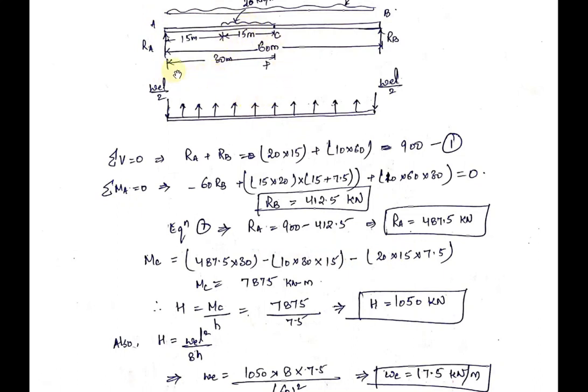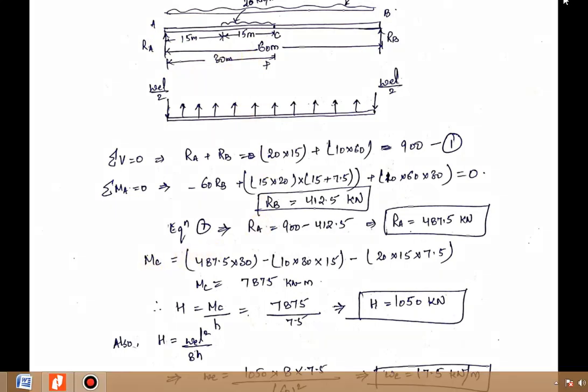Now, if you want to find out the bending moment at C, you will have to use the following sign convention. Sagging bending moment will be taken as positive, and hogging bending moment will be taken as negative. So now we have taken the left part of C point.